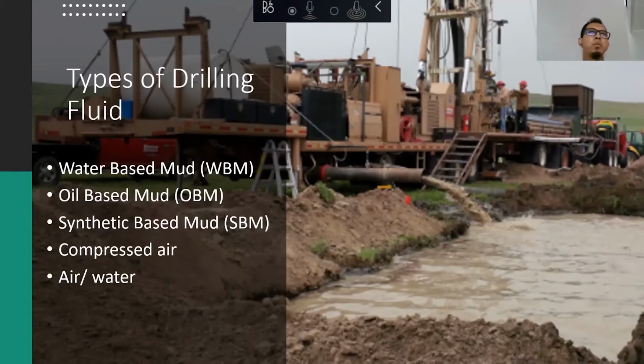Some brands that I'm aware of are Escape and others. Move on, air and polymer. So that's about drilling fluid.